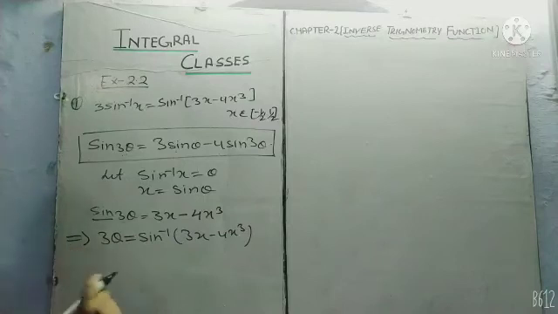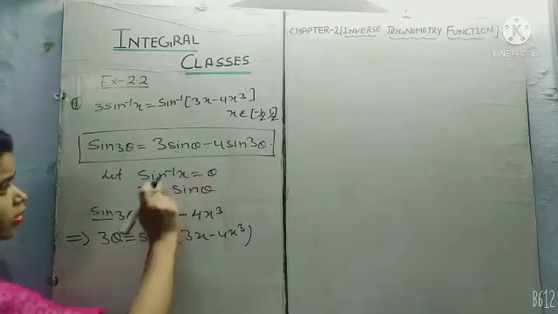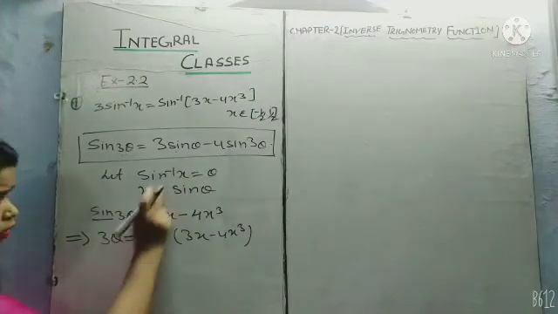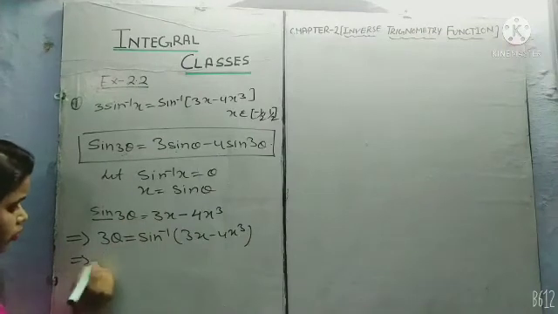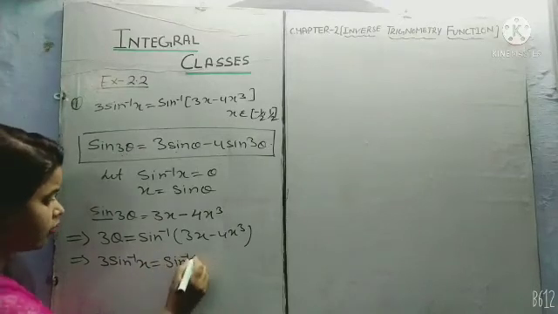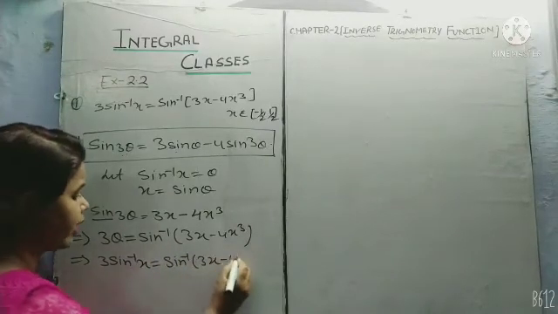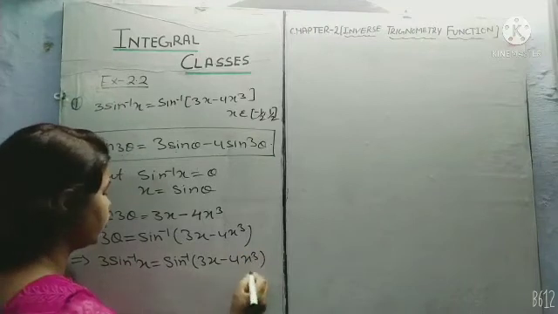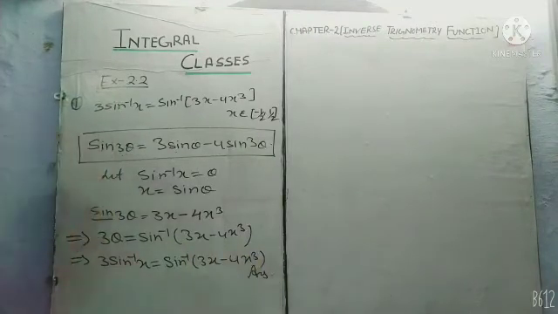Now we will replace here theta equal to what? Here theta equal to sin inverse x. So we will get the answer: 3 sin inverse x equal to sin inverse (3x minus 4x cube). It is the answer.